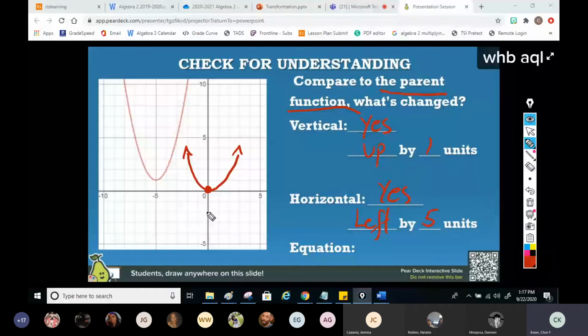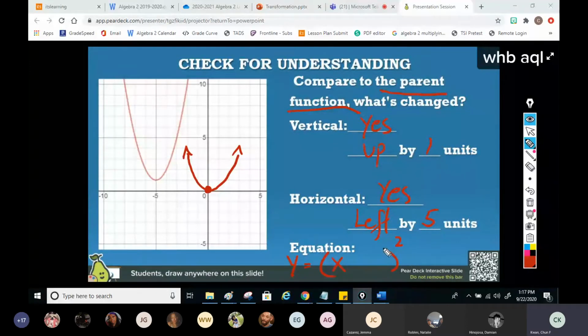All right, now let's write the equation. Quite a lot of you are stuck right here. Everyone pay attention. Some of you say you're confused. Right now is the time to pay attention. The equation is going to look something like this. Y equals, you have a parenthesis, you have an X, you have a square. These are not going to change.